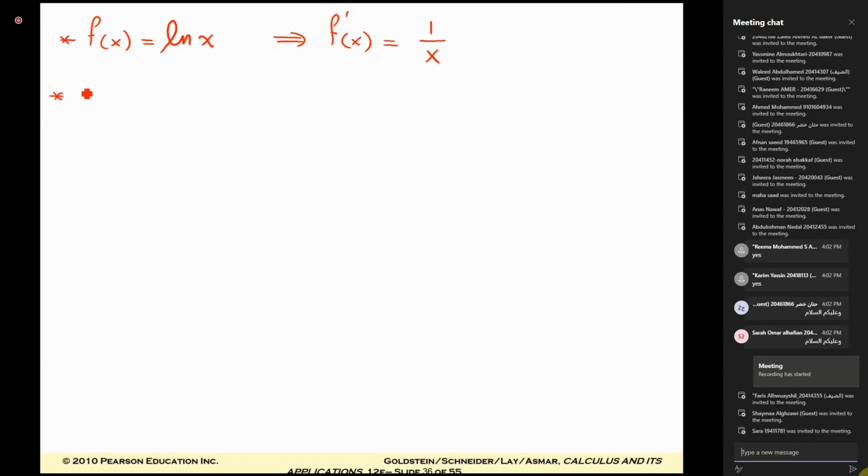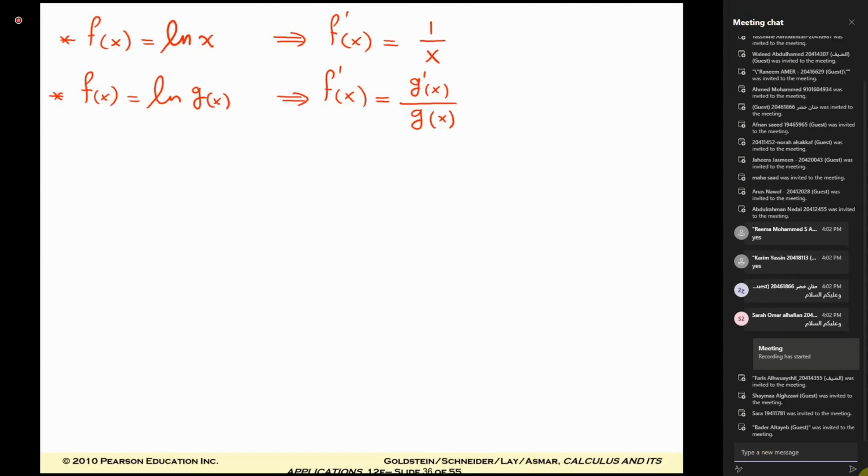The second rule: if inside the ln function we have a function g of x, for example g of x, the first derivative, this is the general derivative for any ln, firstly we must find the derivative of g over g, like this.